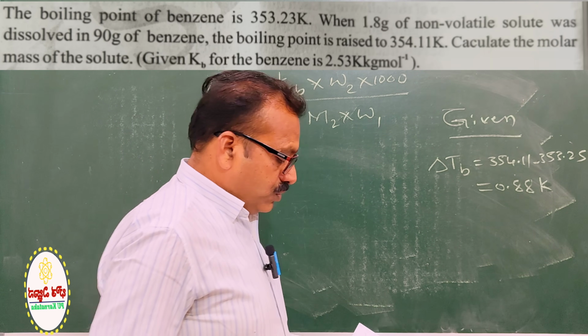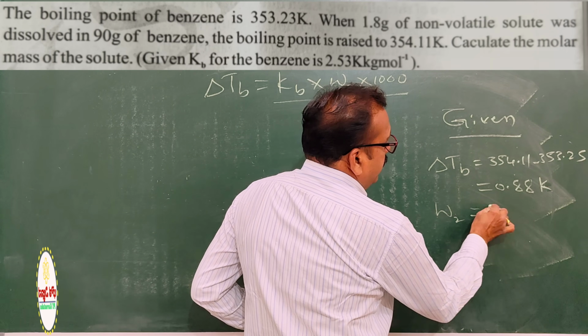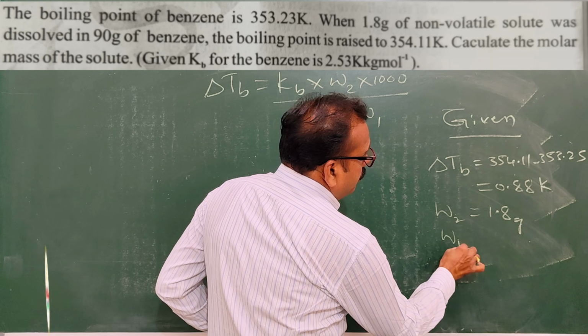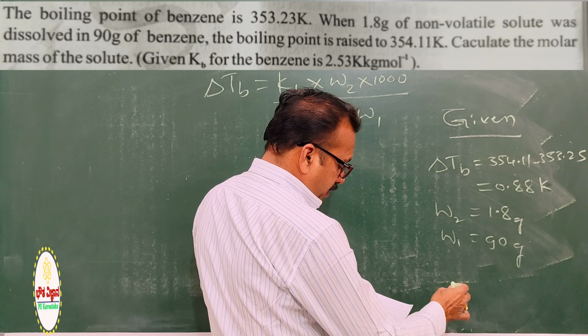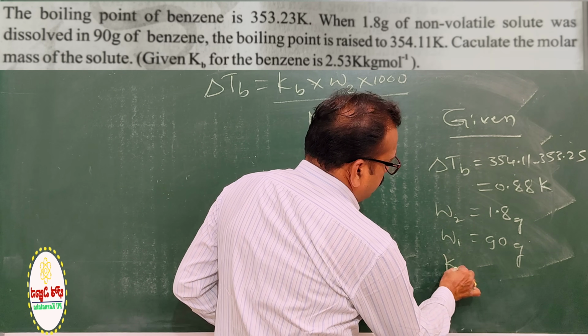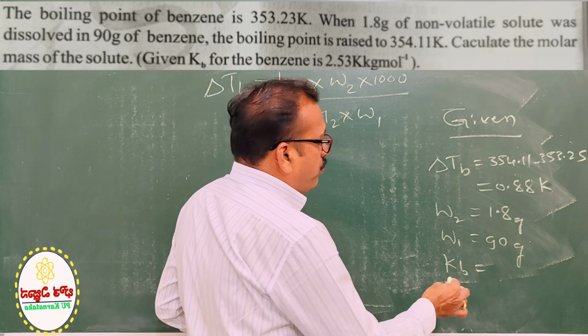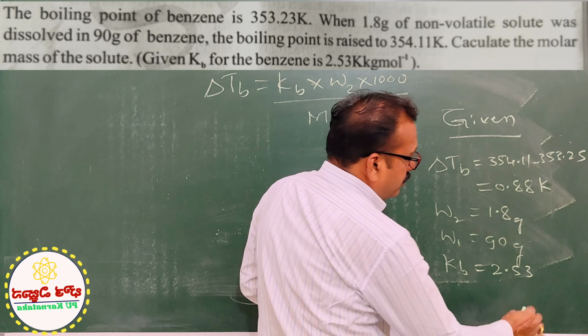0.88 Kelvin. So they have given solute W2 is 1.8 gram and W1 is 90 gram, and Kb is the constant, that is the ebullioscopic constant 2.53. They have given.